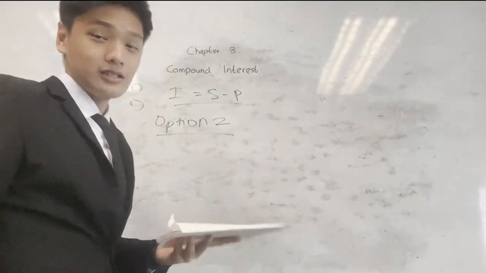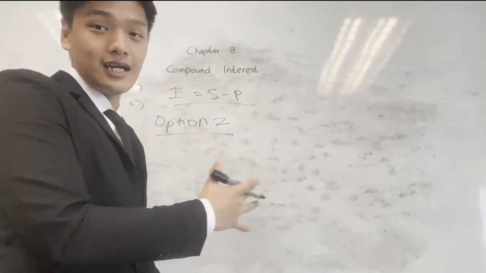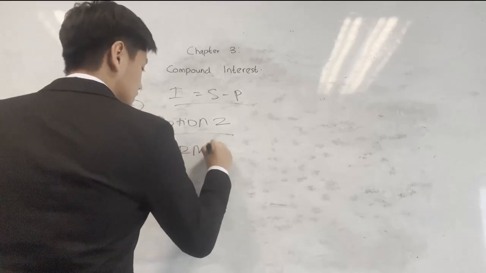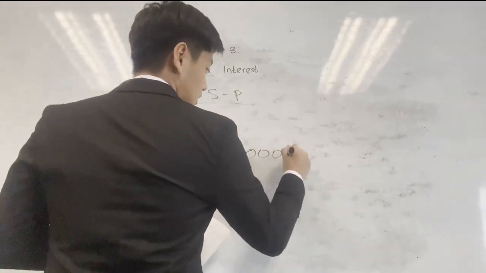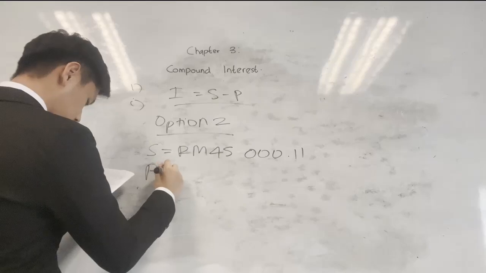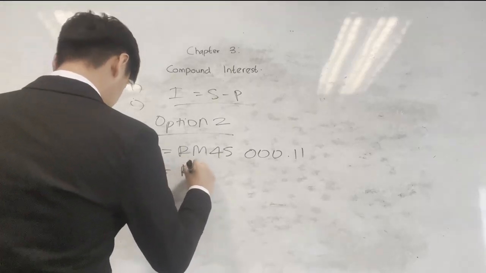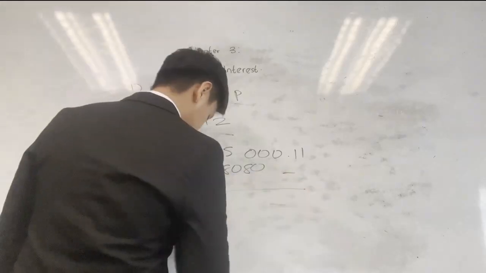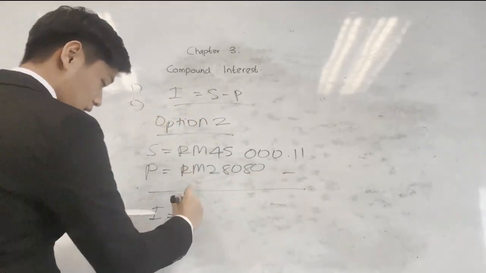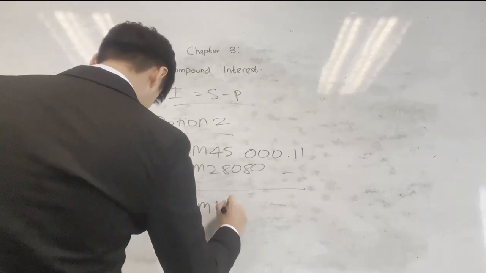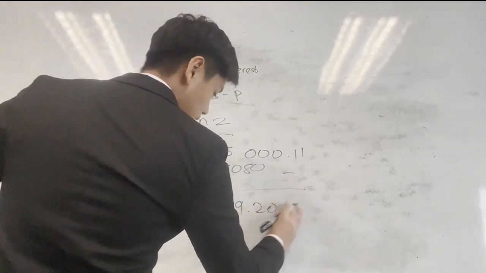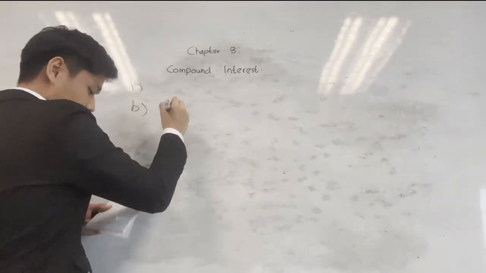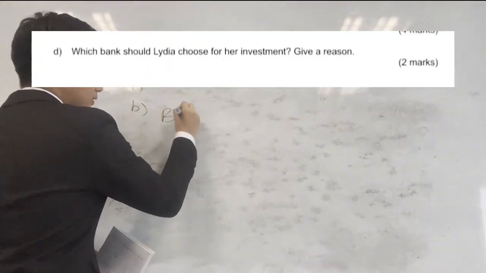For option 2, it's very simple, like the other one. Just as we got RM 45,000.11 and we got P equals to RM 280.80. Minus it, we got interest equals to RM 196.11. That's all.